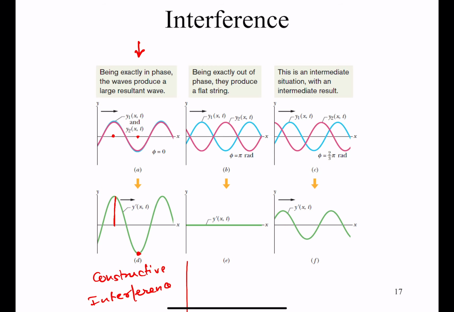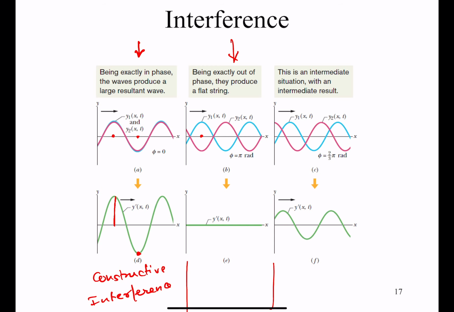Now, let's look at the opposite situation. Here you have the blue wave and the red wave, but you can see that they're perfectly out of sync. So if you consider a particle over here, the blue wave would have sent it all the way to the top, whereas the red wave wants to send it all the way to the bottom.